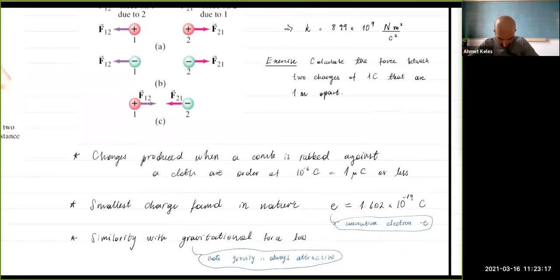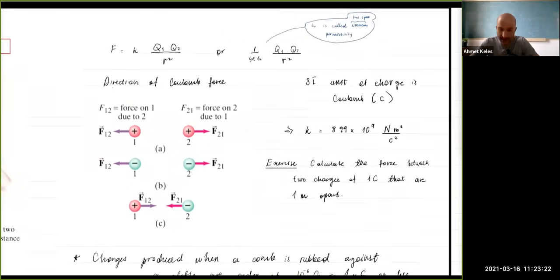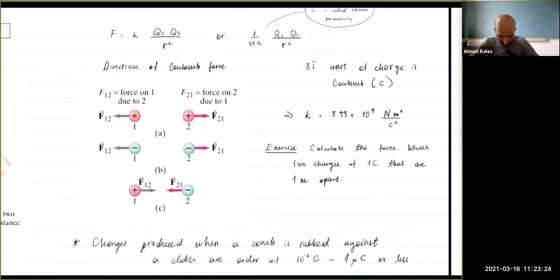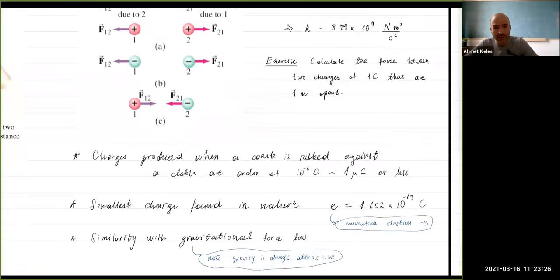So I want to finish this section with a little remark. This form is definitely similar to the gravitational force, right? It's also an inverse square law. It's also proportional to, so gravitational force was proportional to masses, and here we have charges. But there's one significant difference, and that's a very big deal.